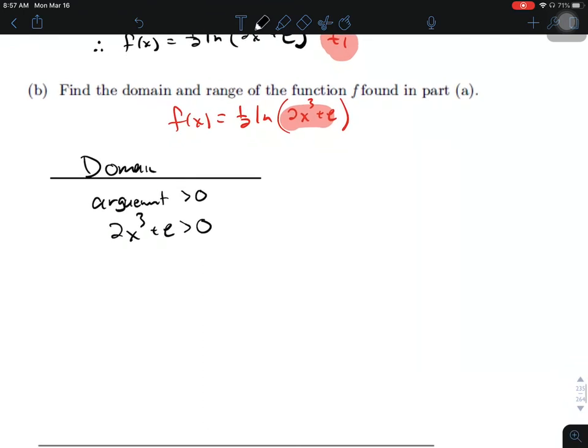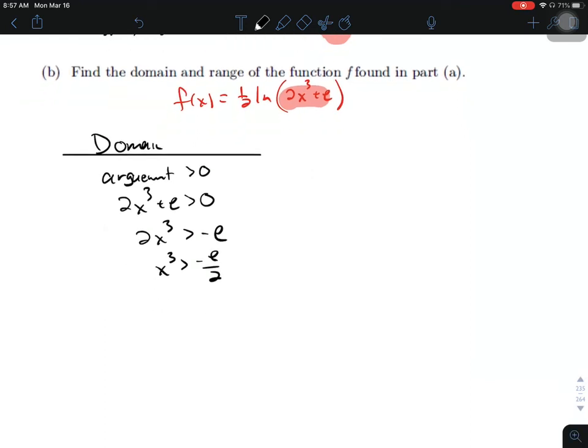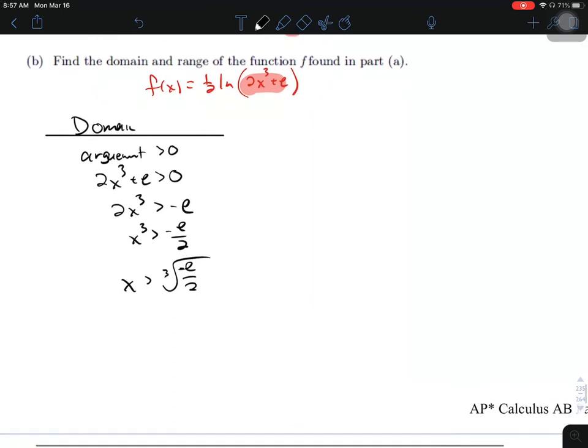If we solve this for x, we're going to get x has to be bigger than the cubed root of negative E over 2.